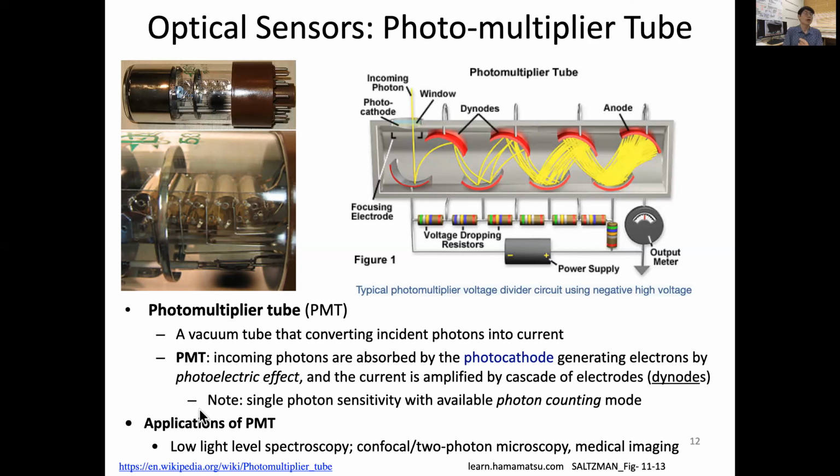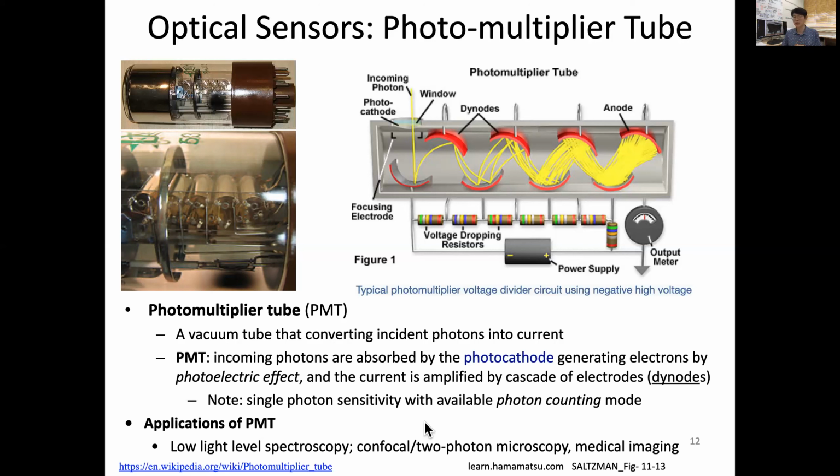So where do we use the PMT? PMT is used for very low light level spectroscopy, UV visible spectroscopy, and also in microscopy, especially laser scanning microscopes, where we detect photons from each single pixel over time sequentially. We use PMT.